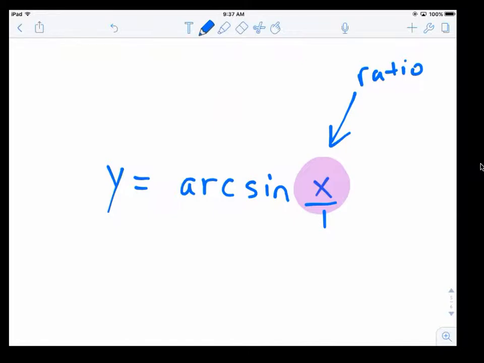If you're taking the arc sine of a ratio, you get a what back? Usually when you take the evaluated trig function, you're evaluating at an angle and you get a ratio. But when you evaluate an arc sine at a ratio, you get an angle, right? So this is the angle, okay?